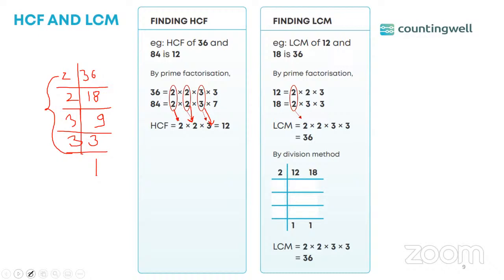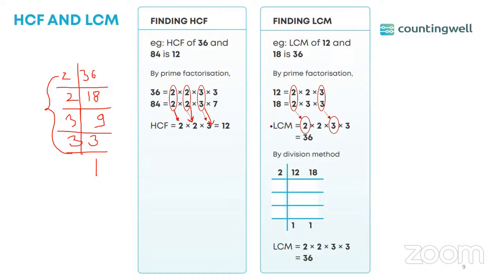Since we are finding the lowest of their common multiples, first we will check the common factor. Then the next common factor is 3. We'll copy this. And then we have the uncommon factors. We need to write uncommon factors in the product as well. So taking the product of 2 into 2 into 3 into 3, we get 36.